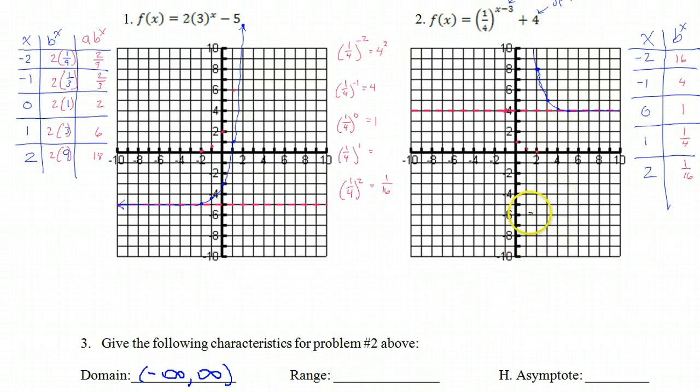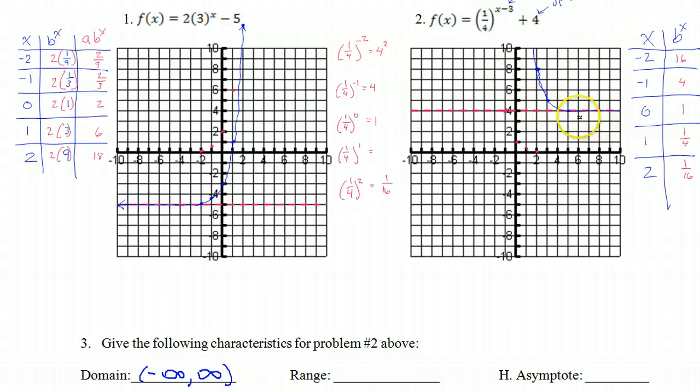Now the range, on the other hand, has limits. It does not go up and down forever. It goes up forever, but in this case, it levels out at the asymptote. So that's a lower bound, a lower limit. So the range, which we will always give in the order of least to greatest, which in this case means bottom to top.